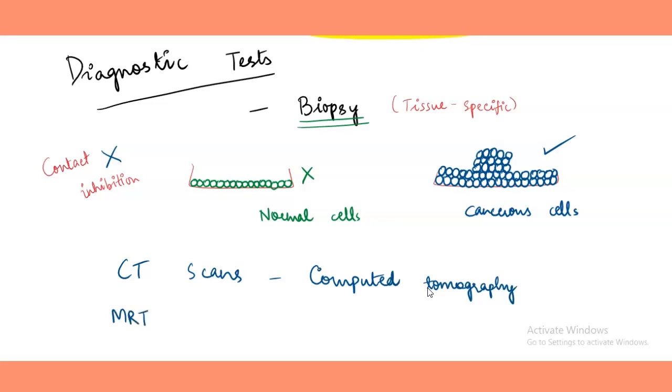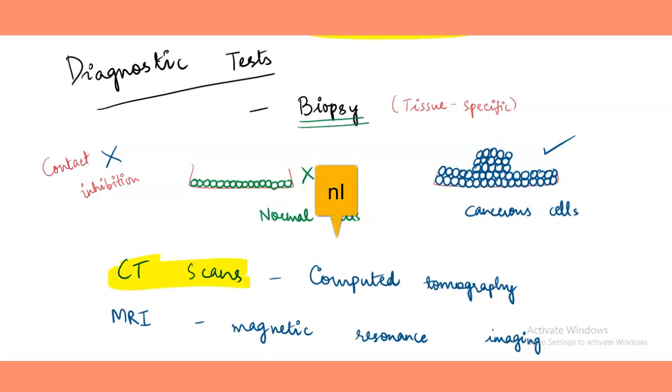There is one more machine which is known as the MRI machine that does magnetic resonance imaging. These two are the specific tests for the cancerous patient. So you need to learn all these three.